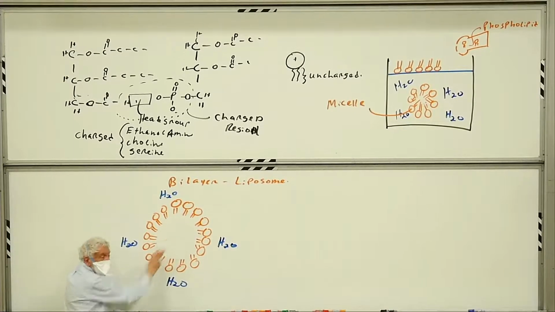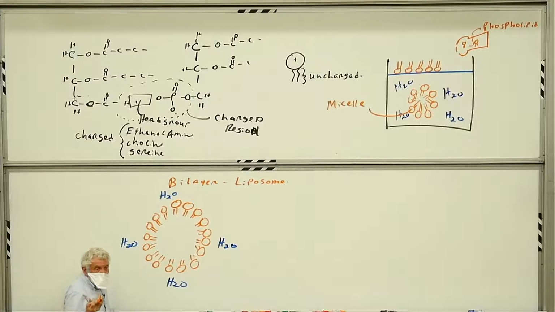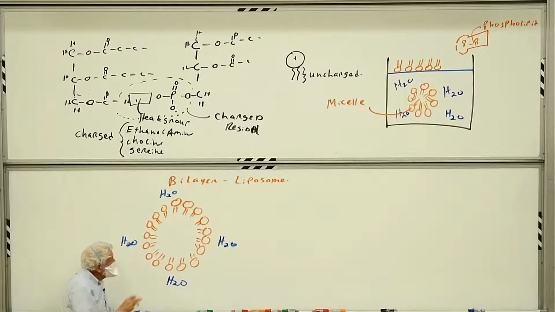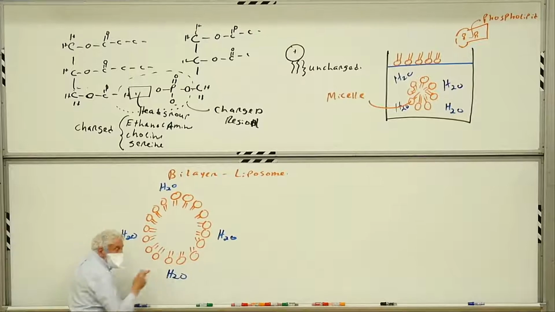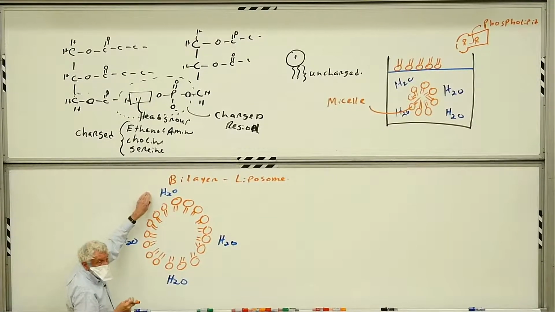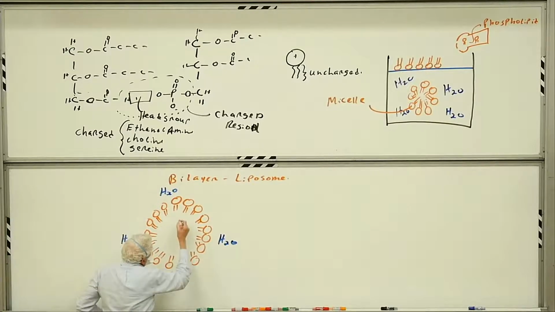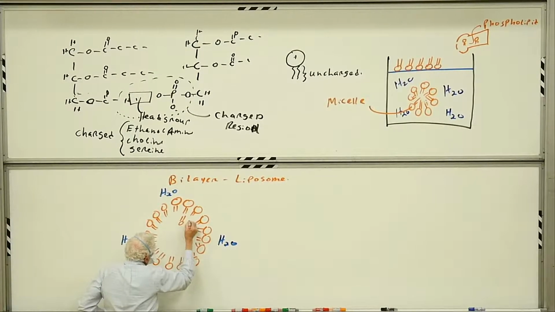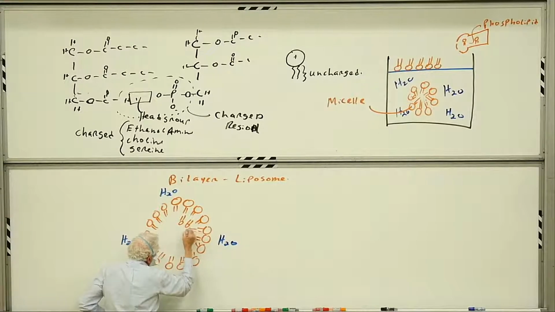Now if we had water in here, we'd have a micelle, so it would be unstable. So how are we going to orient these phospholipids in such a way that we can make a stable structure? Well, the answer, of course, is a bilayer. And the way we're going to do that is we're going to have the tails pointing inward. So the tails, those hydrophobic tails, those fatty acids, are going to face one another.